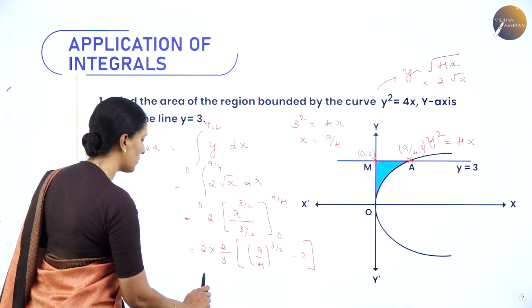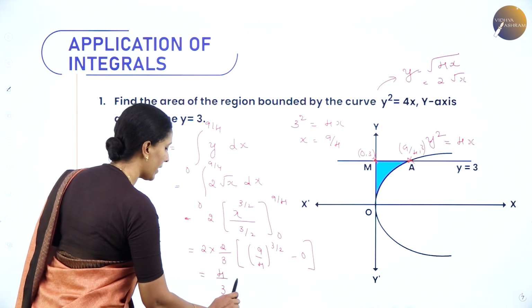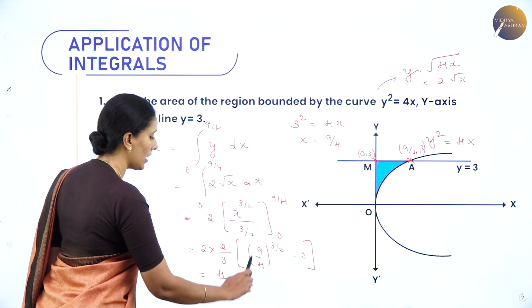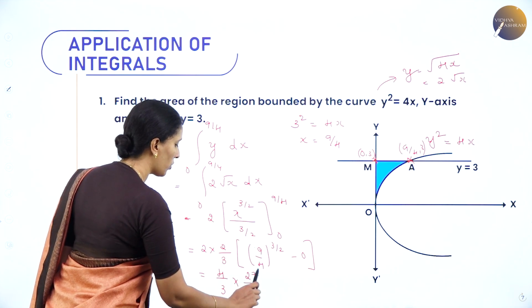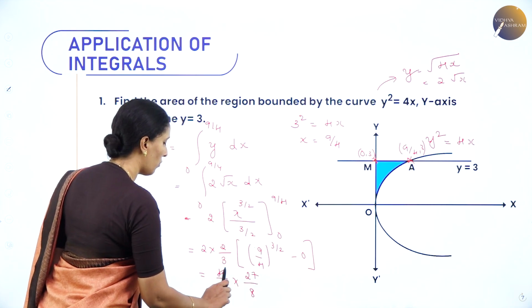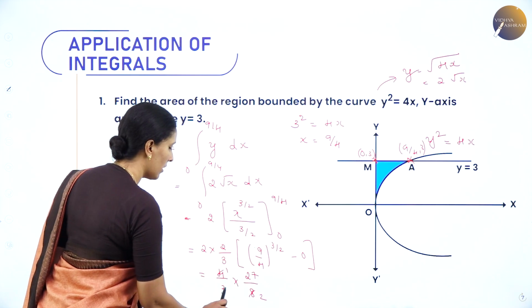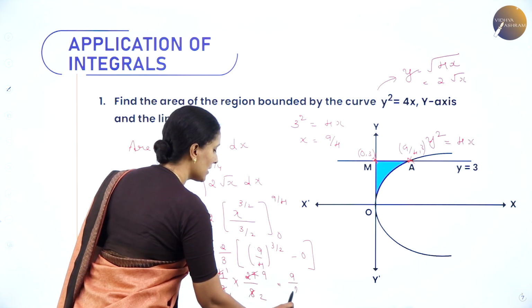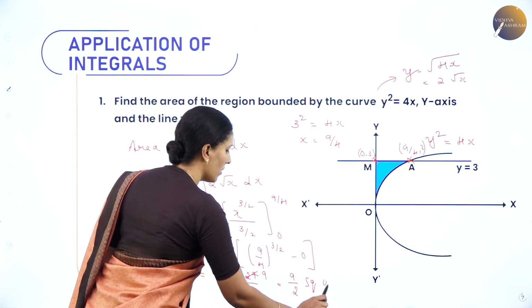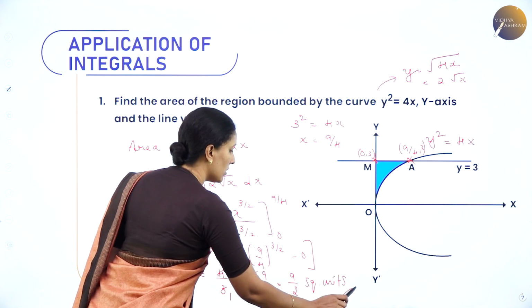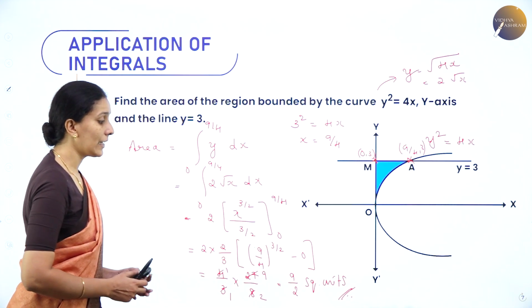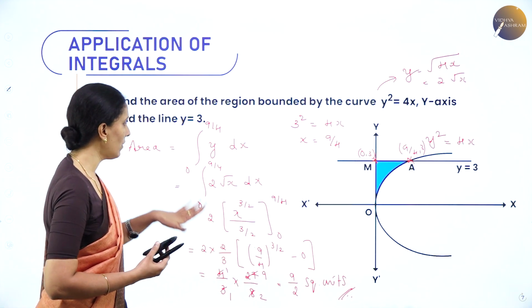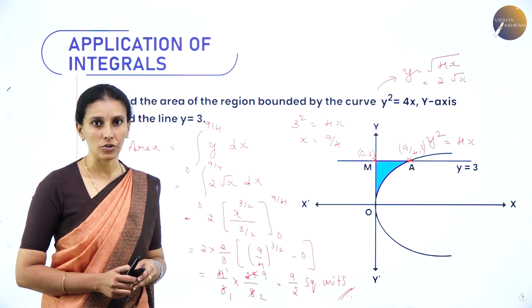So, here you have 2 2s are 4 divided by 3 into 3 cube is 27, 4 cube is 8. So, 4 1s are 4, 2 3s are 3, 1s are 3, 9s are 9. Therefore, the value is 9 by 2 square units. So, this is how we calculate the area of the given curve with respect to the integration.